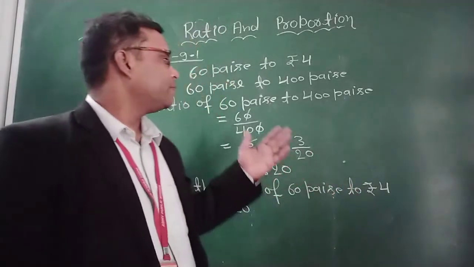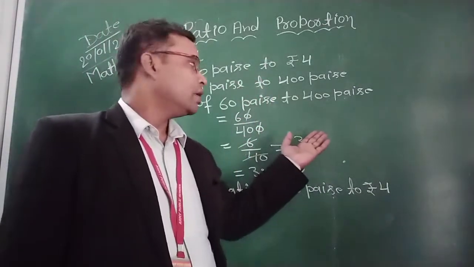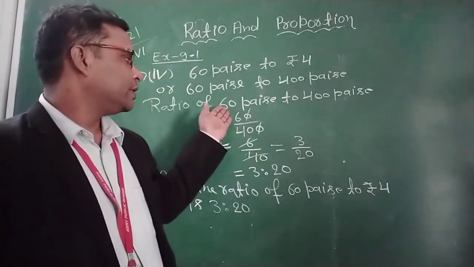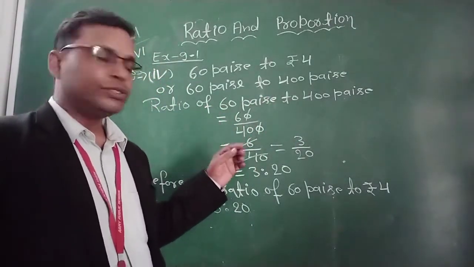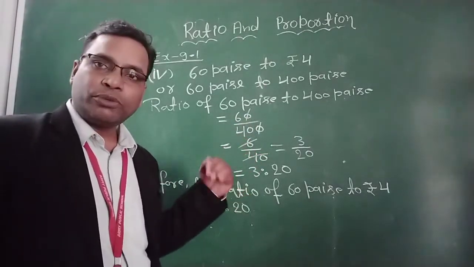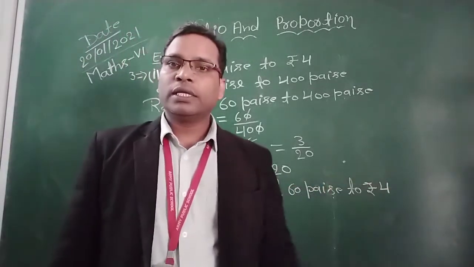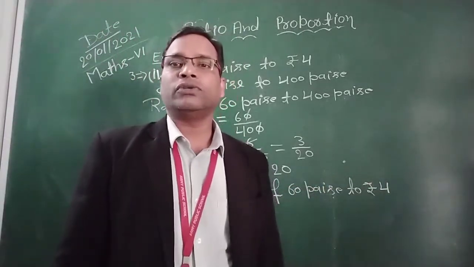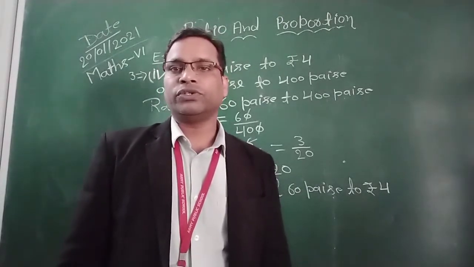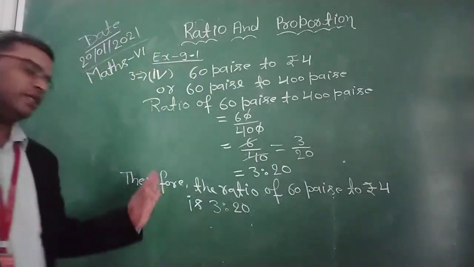But we have 4 rupees, so 4 rupees is equal to 400 paise. So for the ratio, we write 60 upon 400. Cancel 0, then we get 6 upon 40. And obviously if you cancel both numerator and denominator by 2, then you get 3 by 20, or you can say 3 ratio 20. So our required ratio is 3 ratio 20. This is clear.